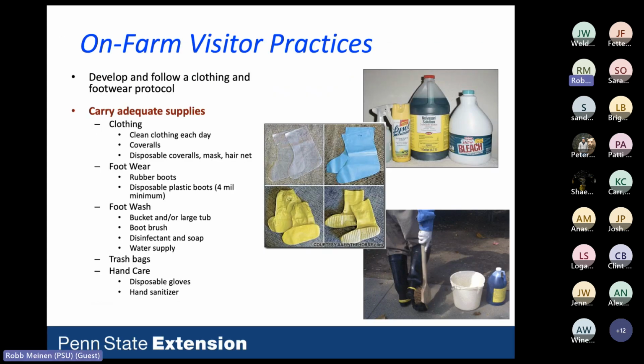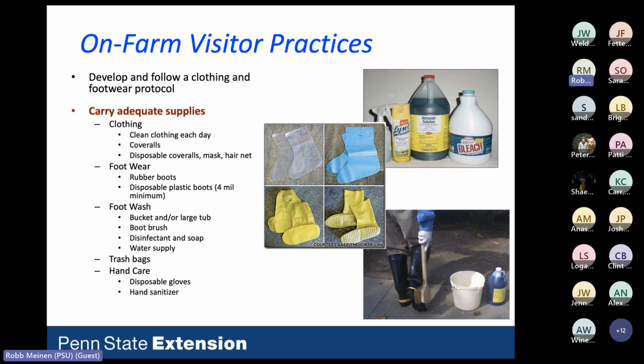So you want to develop some kind of kit, if you will, and you get yourself a tub, like a Rubbermaid type of tub, to keep these things in, and then you have it ready to go at any time. This would include items such as clean clothing, coveralls might be an option there, and rubber boots or disposable plastic boots.